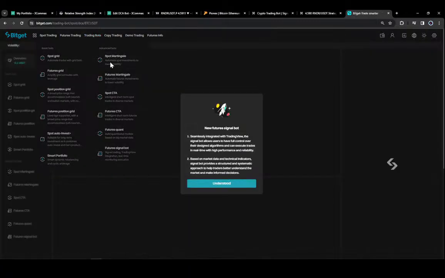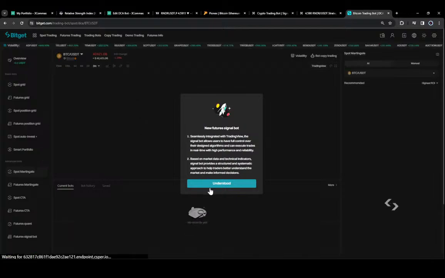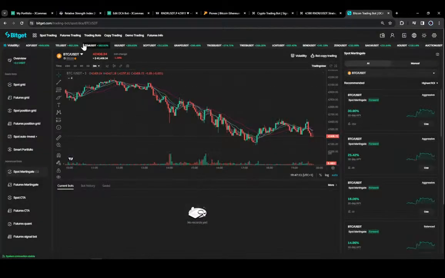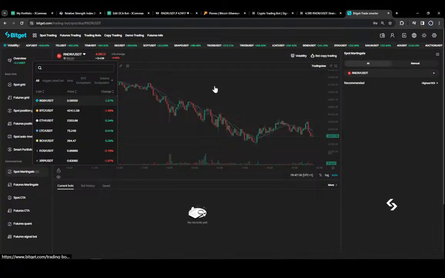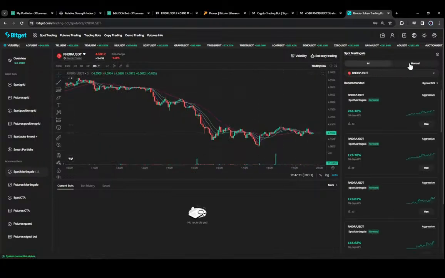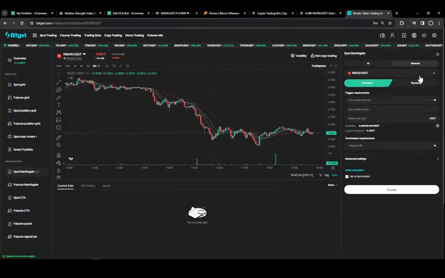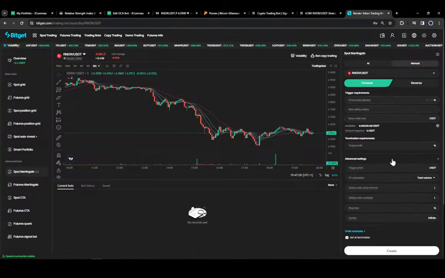Let's go there. If you can find the coin you want to trade, that's good. Let me do that. Go to manual. And basically, that's almost like a one-to-one copy.